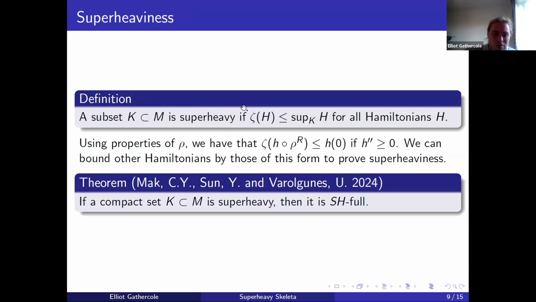So using these properties that we found for rho, which relates the Conley Zehnder index of these capped orbits to the action, we get that if we used a Hamiltonian which was a function of rho, it effectively gives us the property that we want, and then you have to use the argument about the monotonicity of this to say that we can bound any Hamiltonian by one of the form that we want. And just to note that this property is possibly stronger, but definitely implies being SH full.